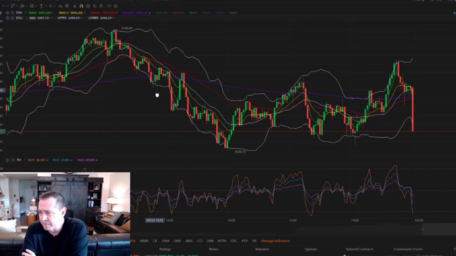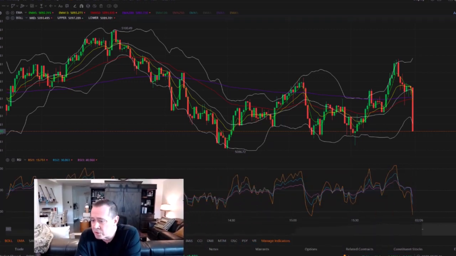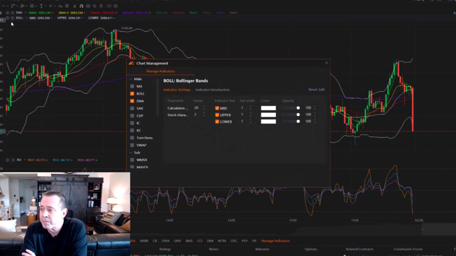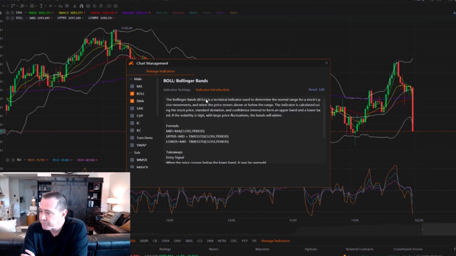The first one is the Bollinger Bands, and those are in the white there. So the Bollinger Bands indicator settings: there's a mid, an upper band, and a lower band.